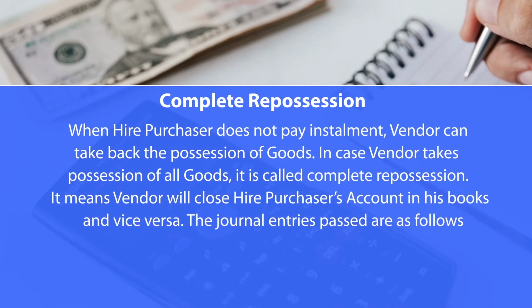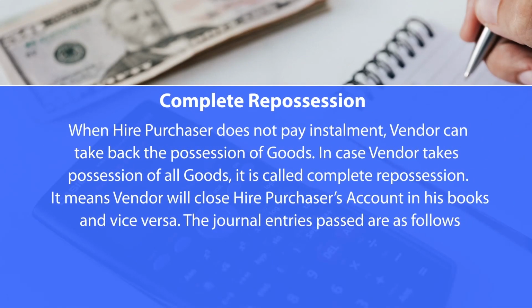When the hire purchaser does not fulfill his promise, if the hire vendor has decided to take the entire goods back, how will the accounting treatment take place and what journal entry would be passed? When the hire purchaser does not pay the installment, the vendor can take back the possession of the goods.